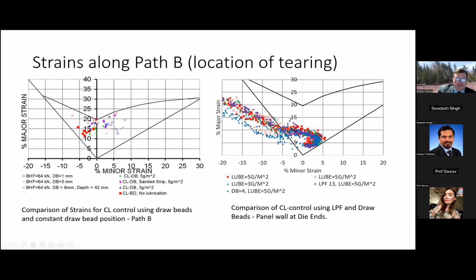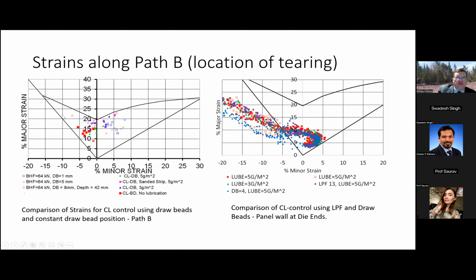This was the highest strain that we measured, and it's close to FLD 0. And if you look at what happens with the various closed loop conditions that were tested, you can see that while we might get very high strains somewhat closer to the forming limit, they're still significantly below the strains that were measured for open loop tests. And you can see some of the strains were quite low compared to the open loop tests.